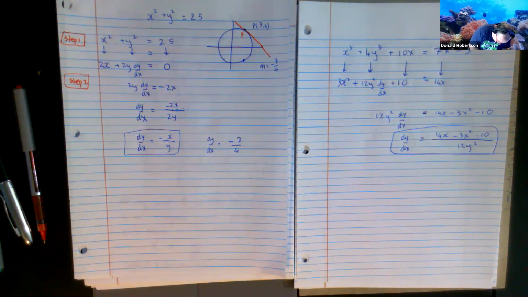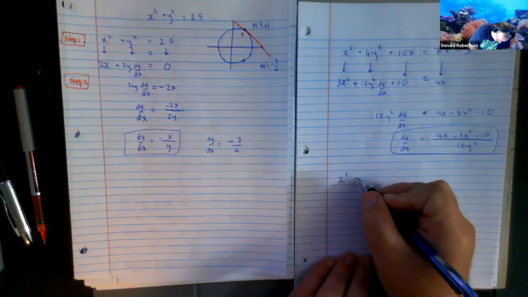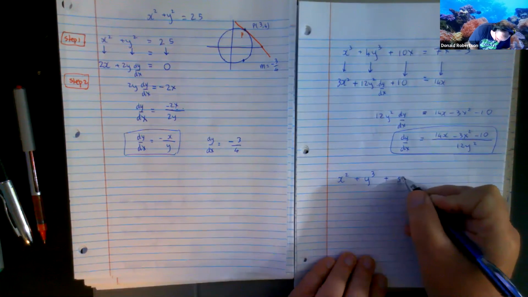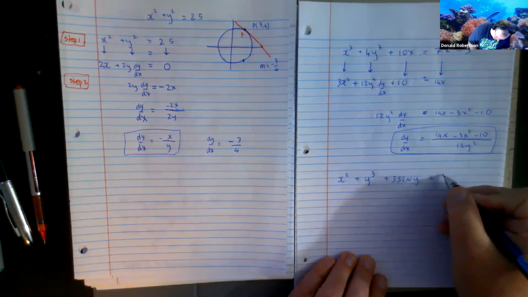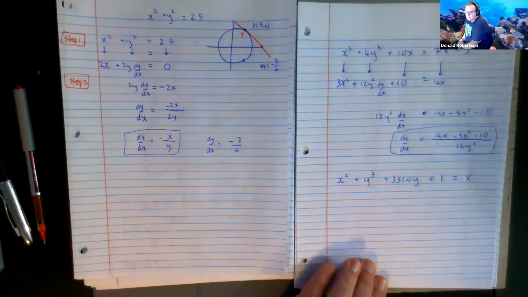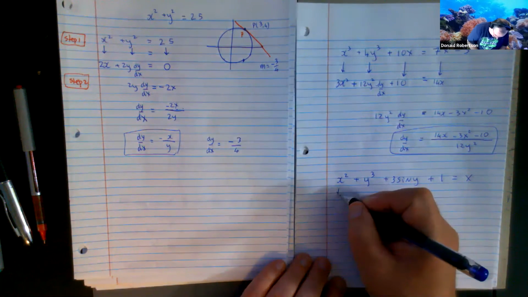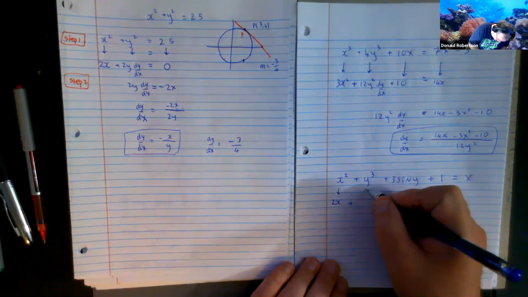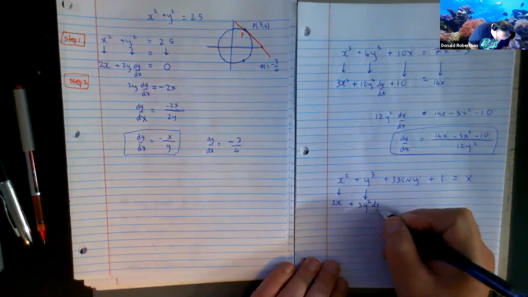Let's try this fella. Well, if you differentiate x squared, you get 2x. If you differentiate y cubed, you get 3y squared dy by dx.